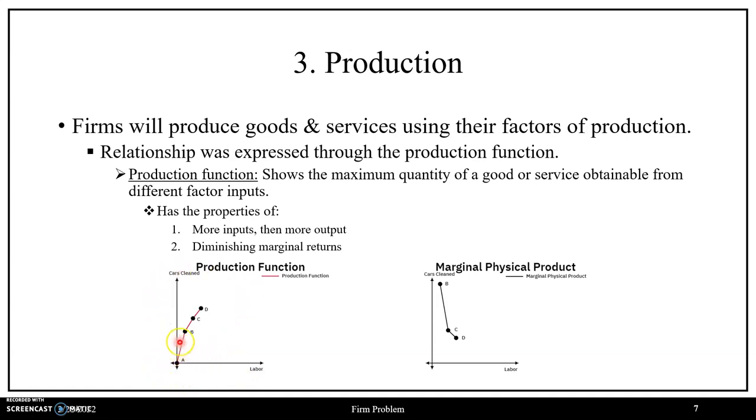As more labor is used, more cars can be cleaned, and we can see this with our increasing production function. But each unit of labor is productive, but not as productive as the last unit. So we can represent this in terms of our marginal physical product with a positive but declining marginal physical product, which gives us diminishing marginal returns.